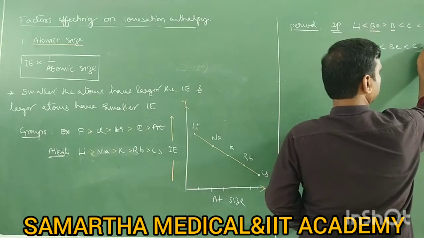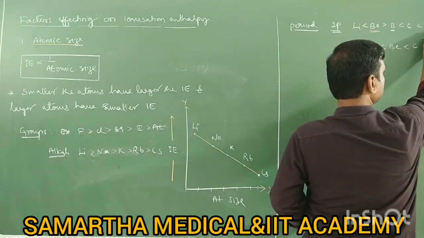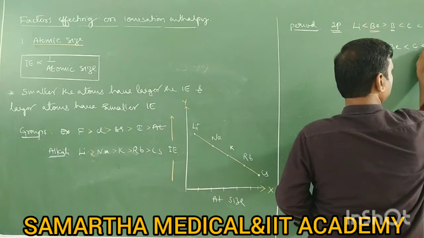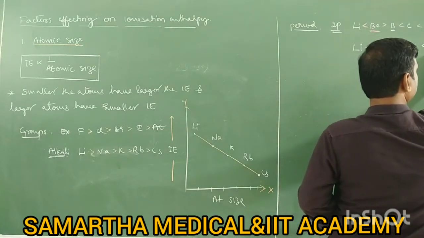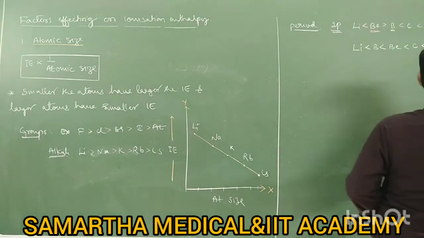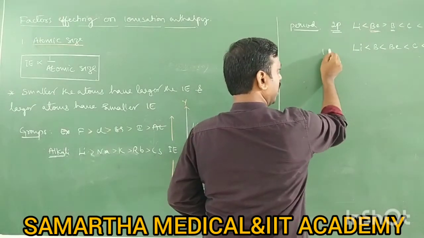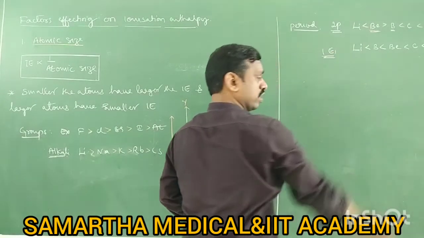Next, carbon. After carbon, nitrogen, but nitrogen has more than oxygen, therefore oxygen comes, next nitrogen comes, next is fluorine, next is neon. Okay, now this is the order of ionization enthalpy, which we call IE1.